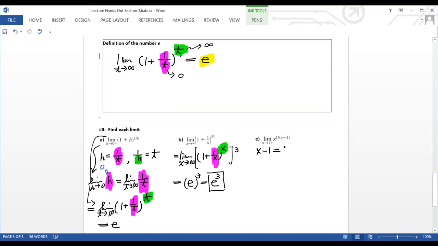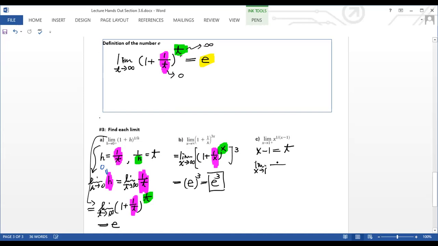Let's say x minus 1 is equal to t. So if x minus 1 equals t, then when x approaches 1, what does t approach?